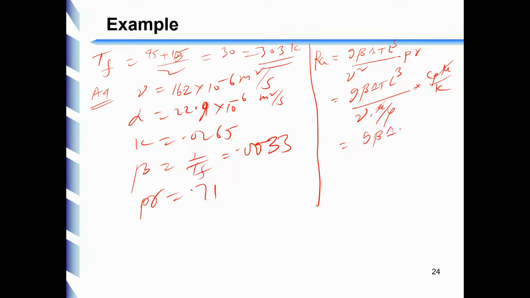So g beta delta T L cube gamma, Cp rho by k.